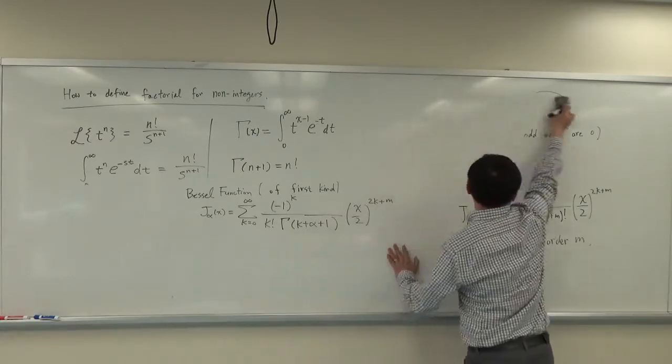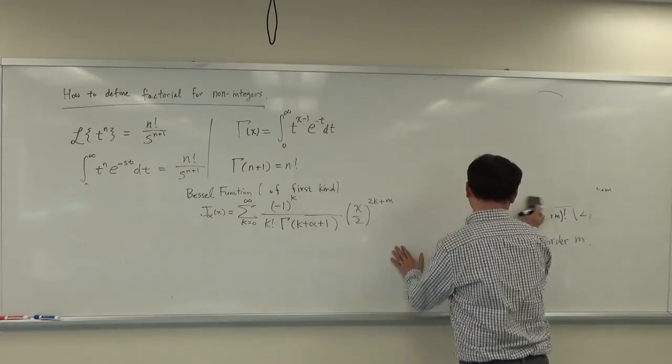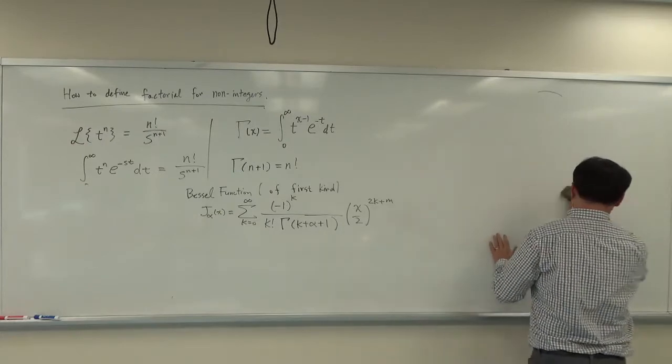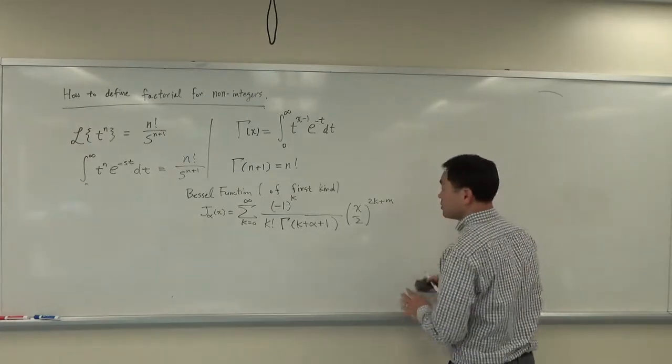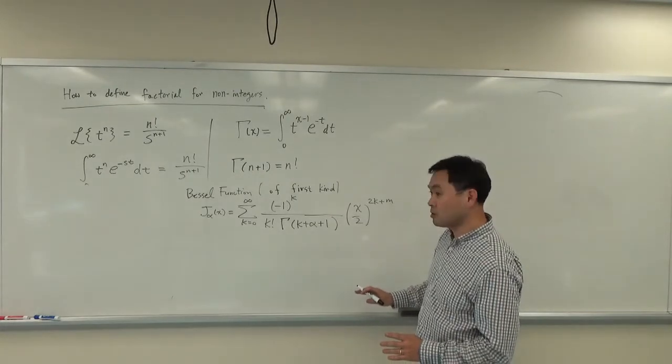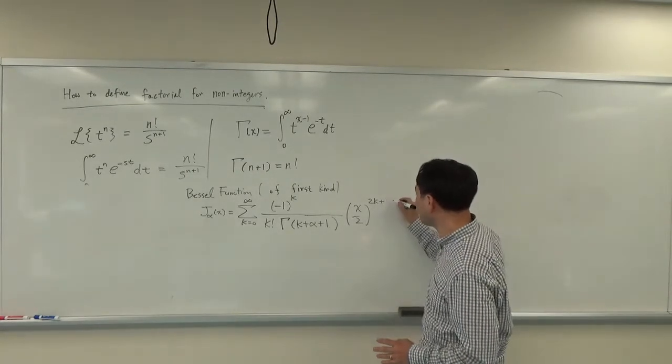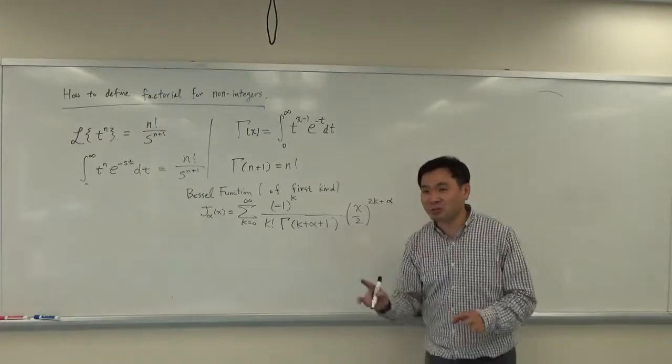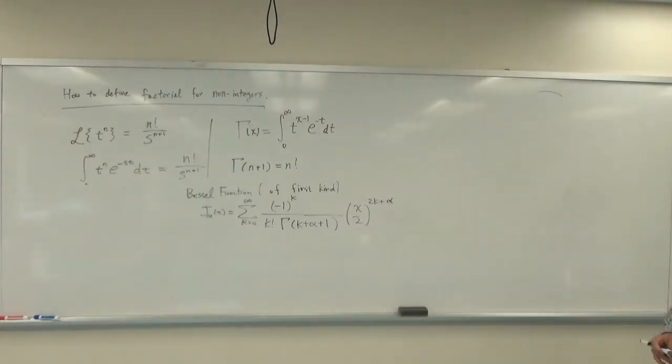And the x divided by 2, should it be 2k to the m or 2k to the alpha? Oh, thank you. This should be alpha. We're not using m anymore. It's alpha.